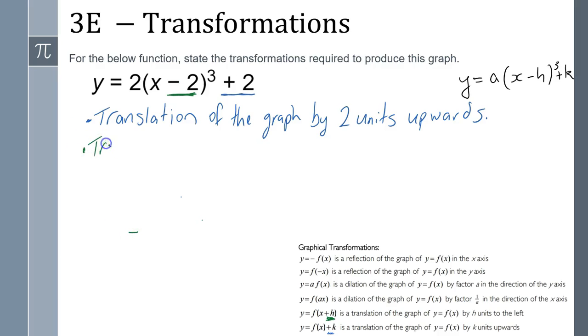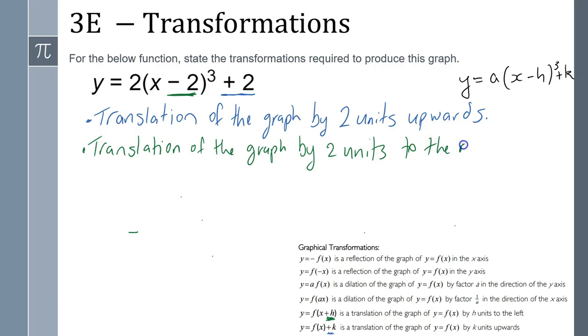Okay, so translation of the graph by 2 units to the right. Okay, see how I didn't do -2 units to the right? Okay, we're changing the direction it's going, not the distance. So it's still going 2, it's just going the opposite way. So instead of going 2 to the left, it's -2, so it's going 2 to the right.